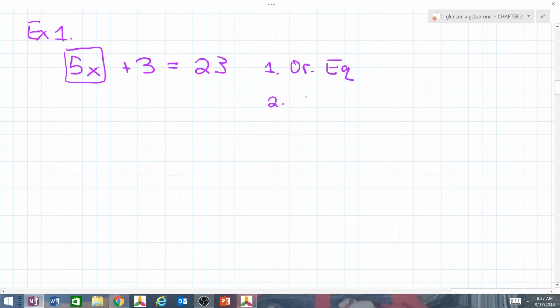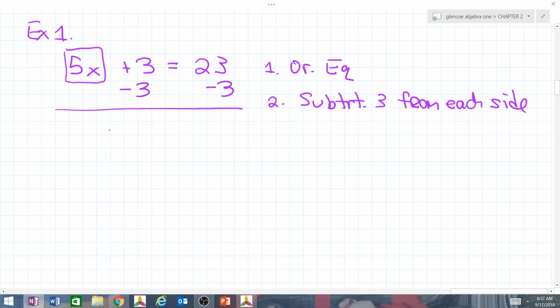Step number 2, I'm going to subtract 3 from each side. And now I have 5x equals 20. And we all know that 5 and x are kissing, that there's no kissing in math class, that King's has a 6-inch rule.